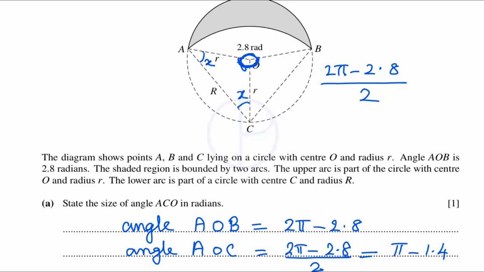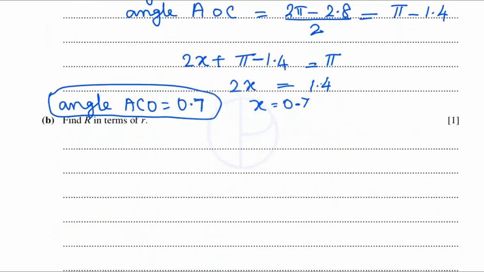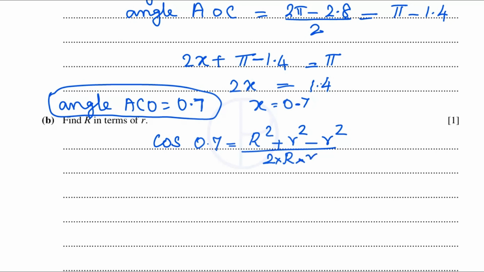Angle ACO is 0.7 and angle OAC is also 0.7. So let's use the cosine formula. Cos 0.7 equals (r squared plus r squared minus R squared) divided by 2 times capital R multiplied by small r.